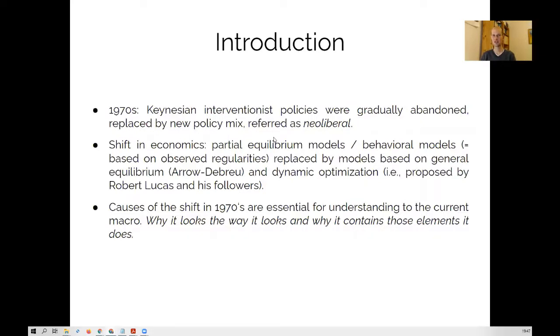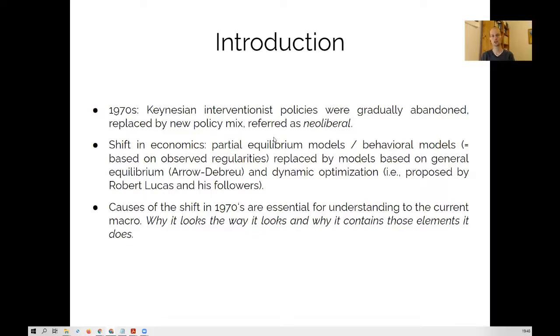The 1970s, which we are talking about, were characterized by a gradual shift from Keynesian interventionist policies to a new policy mix, which has later been referred to as a neoliberal policy mix, based on a limited state and limited state interventions into the economy.